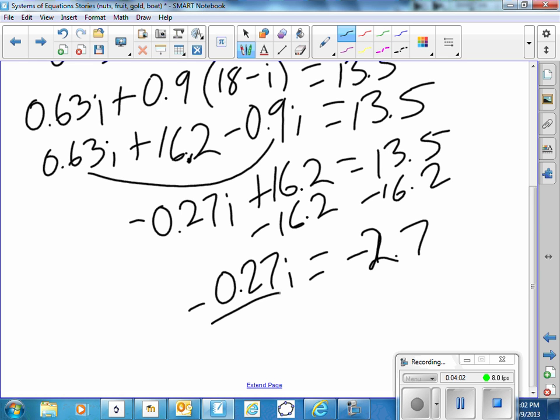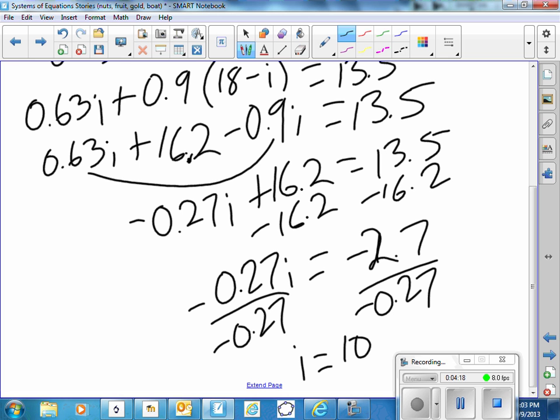So dividing by 2.7 divided by 0.27, well, it's negative. Negative divided by negative is positive, so the number of pounds of impure copper is 10. They add up to 18, so the number of pounds of pure copper would have to be 8.